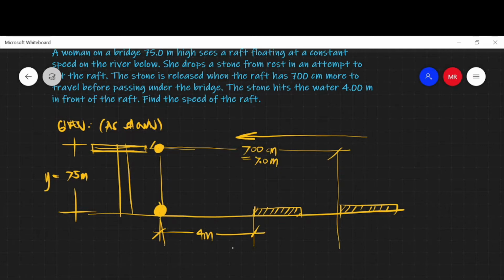So when the stone is released, at this point the raft still has 7 meters.